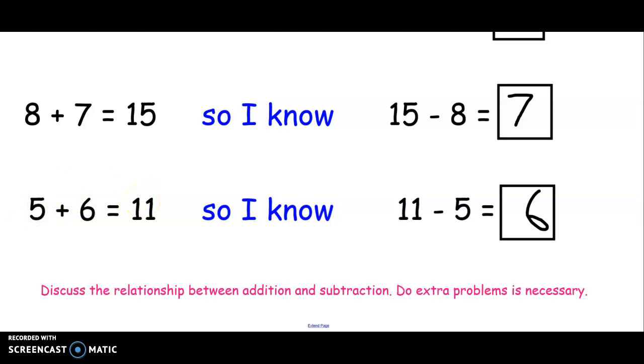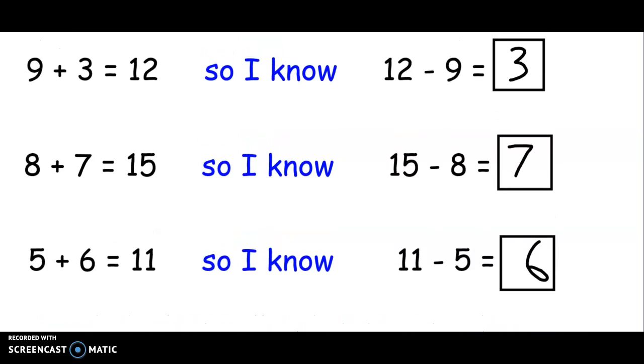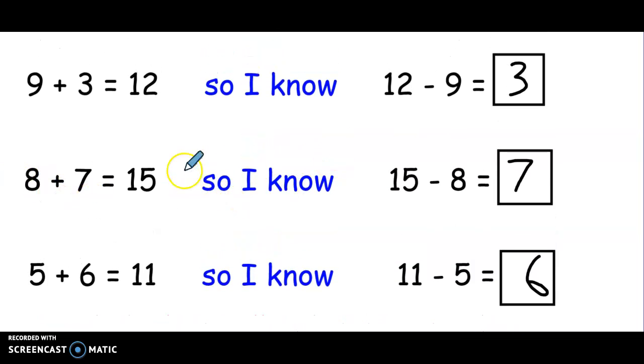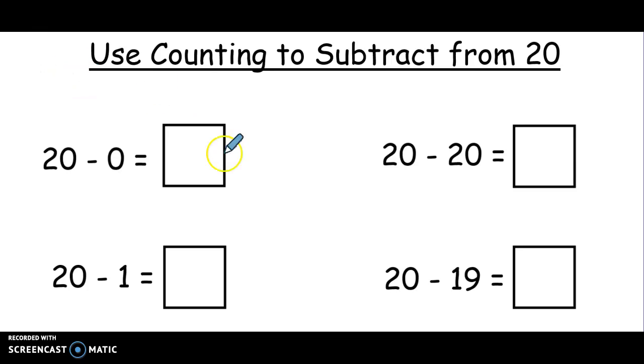So there is definitely a relationship here between adding and subtracting, and we can see that because when we're starting with the total and taking away, then we're looking for a partner, or if we're adding, we have a partner, we need to find the other partner to get to the total. Very good.